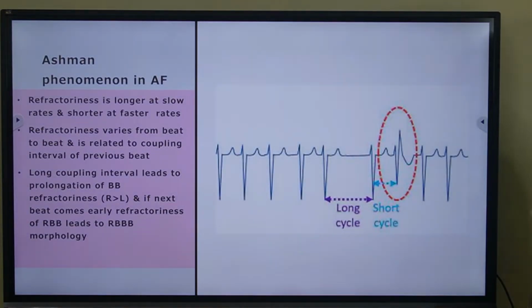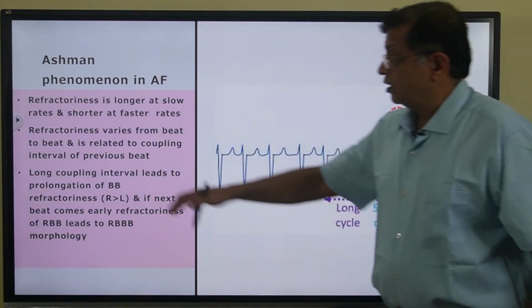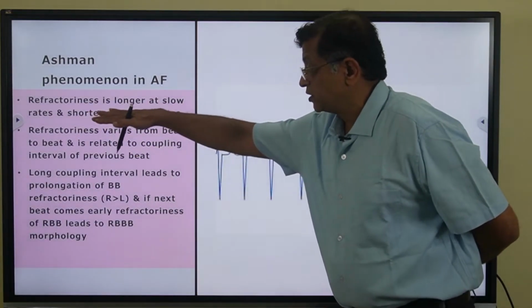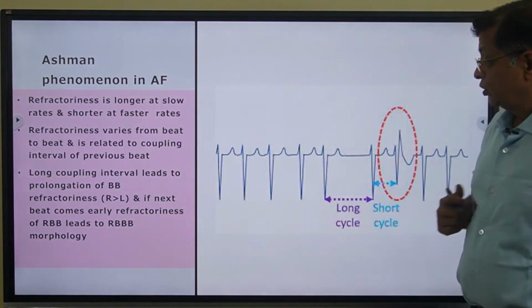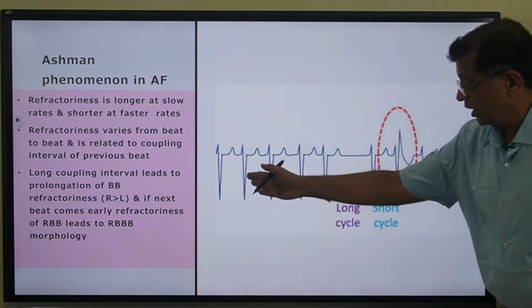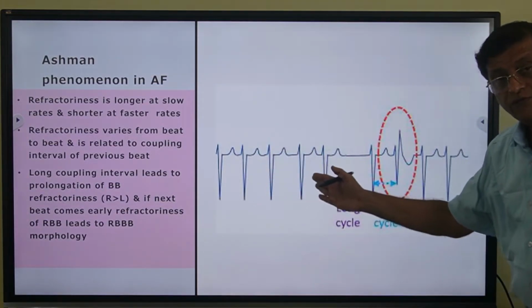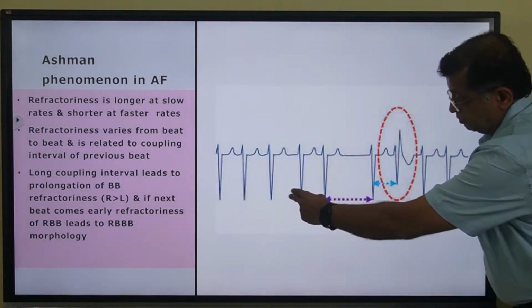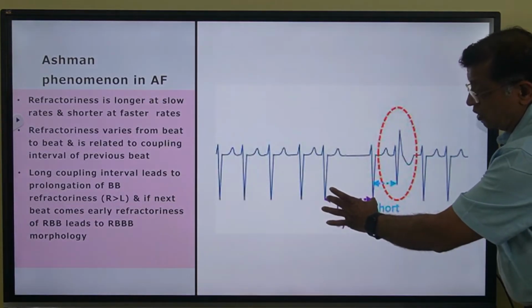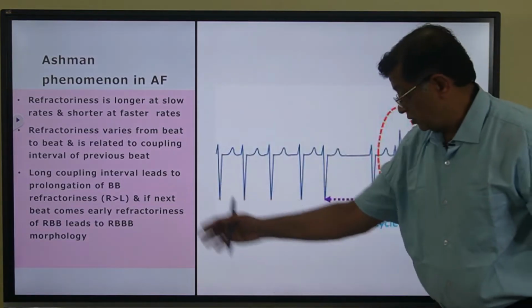Now, Ashman phenomenon can also occur in AF. What is Ashman phenomenon? In myocardium, refractoriness is longer at slow rates and shorter at fast rates. So, for example, in AF, beat to beat, the refractoriness of tissue will change. Here, the rate is fast, and here there is a longer coupling interval.